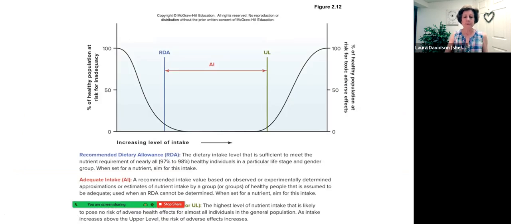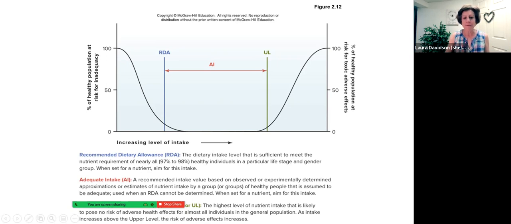Okay, so this is an important graph, and I want to explain it, and I'll make this point over and over again because it's an important one. The RDA is your 100%, your recommendation, your DRI. That's your goal, that RDA.